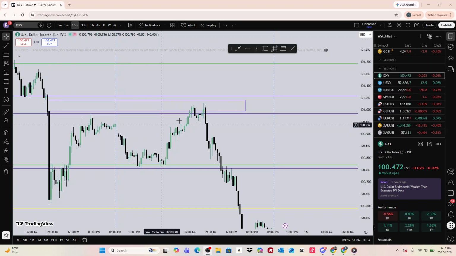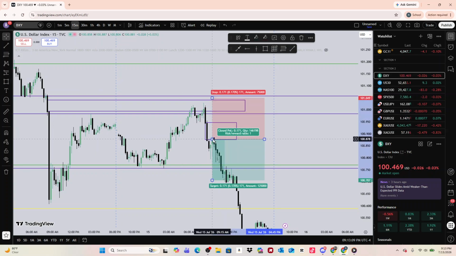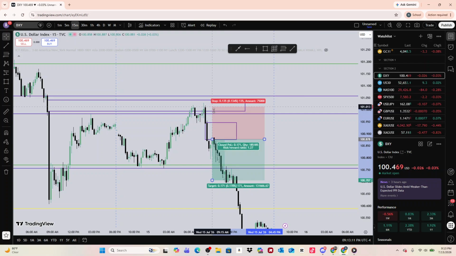So notice we tap into an M15 fair value gap. Now, the next time frame alignment is our execution time frame. We can also execute on this time frame, but our execution would have been down here in this fair value gap, and I really don't want to take that risk, because our entry would have been here, and our stop would have been either here or here, which is fine, but I like to close my trades out at 11.